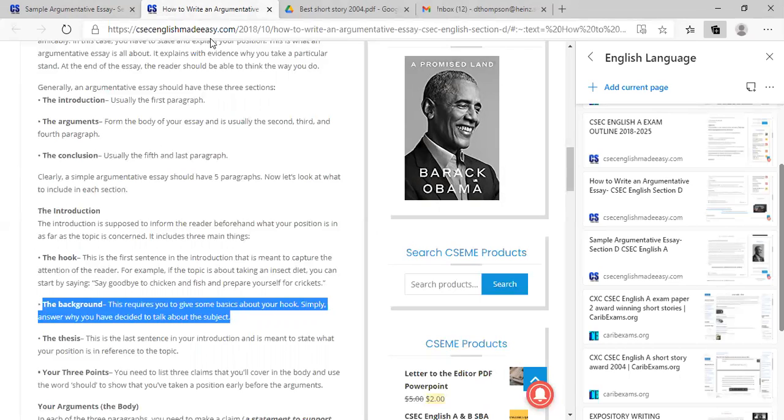If you've been doing English language, you would have been exposed to research, for example in your SBA, because they're never going to ask you an argumentative essay that isn't close to an SBA topic. Sugary drinks and diabetes is close to physical fitness, which is an SBA topic. If you've been doing English correctly, you should have a good generic background to answer any question.